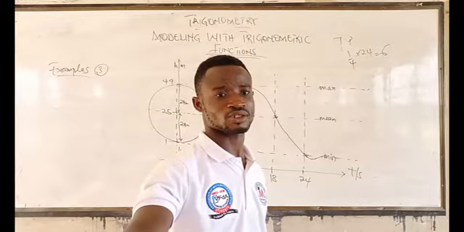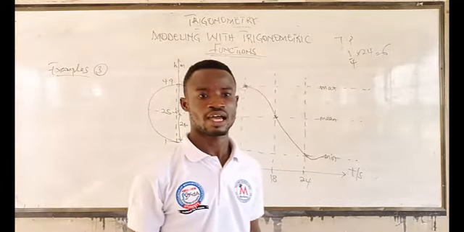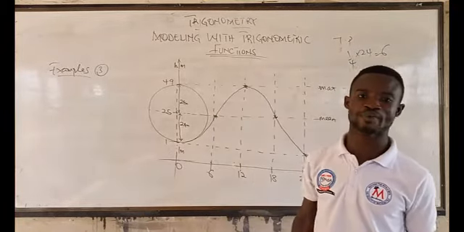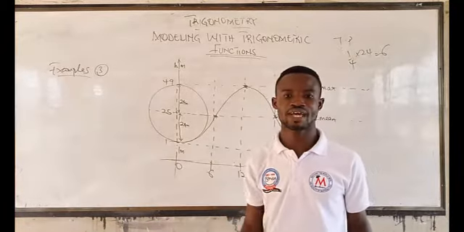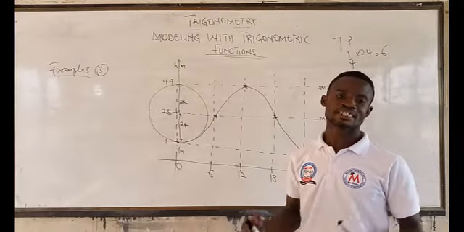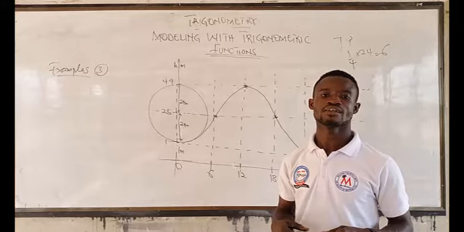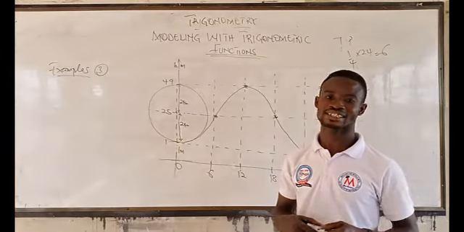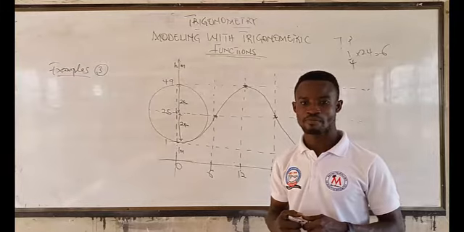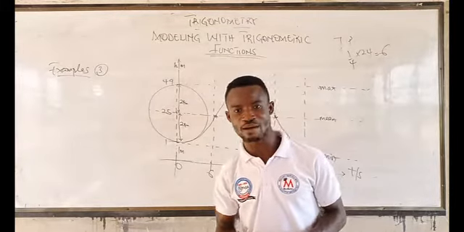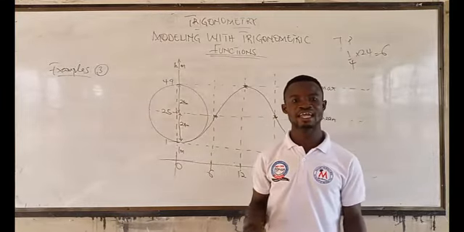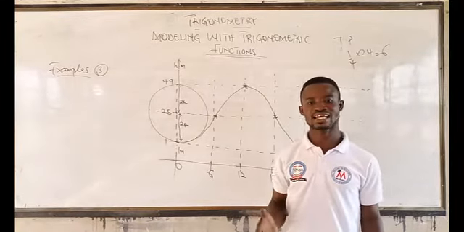The question says you have to do what? A Ferris wheel with radius of 24 meters, placed 1 meter above the ground, rotate once every 24 seconds. Passengers get on the ride at a height of 13 meters above the ground, and it starts by rising.